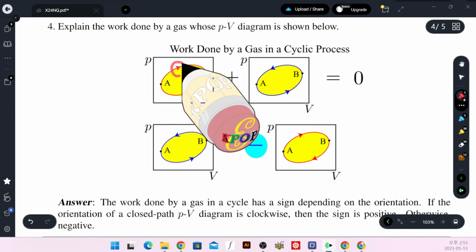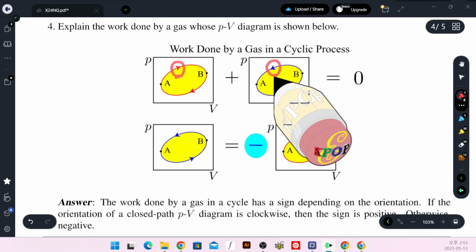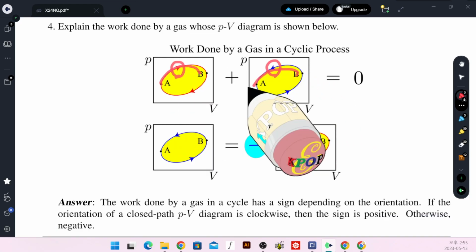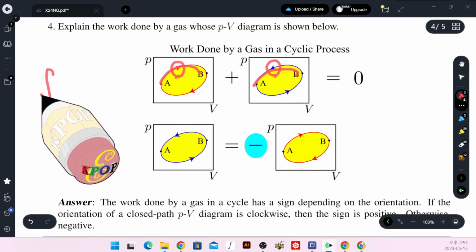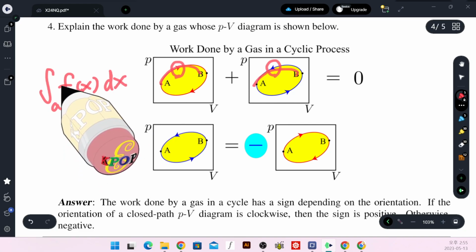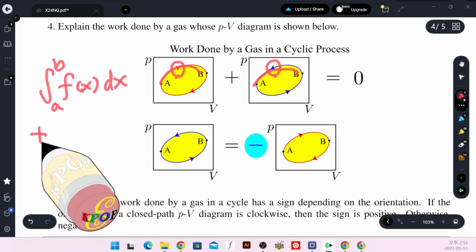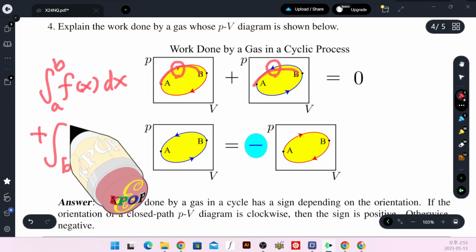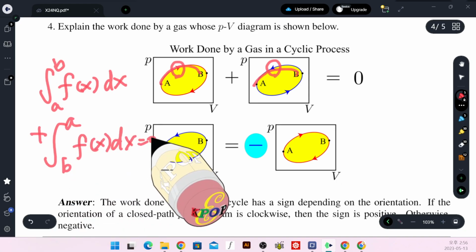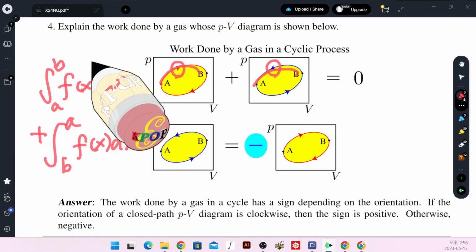Therefore, if I sum these two, they cancel exactly, because the integral from A to B and the integral from B to A sum to exactly 0.